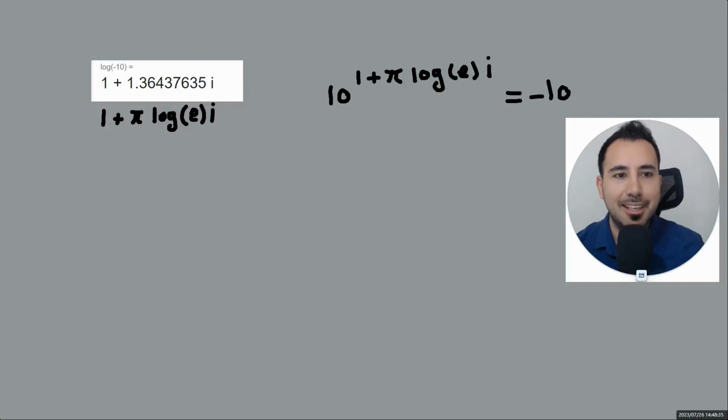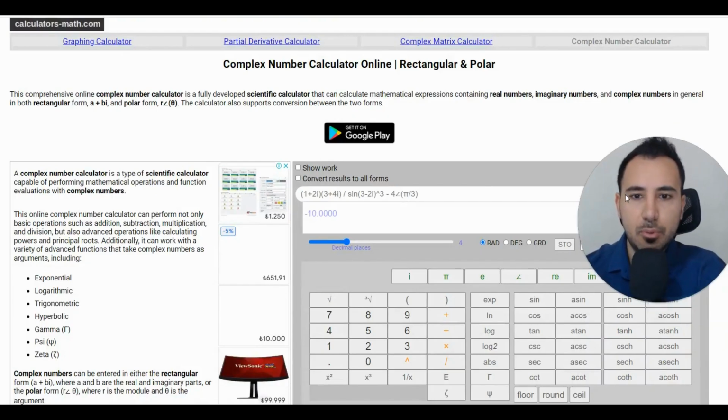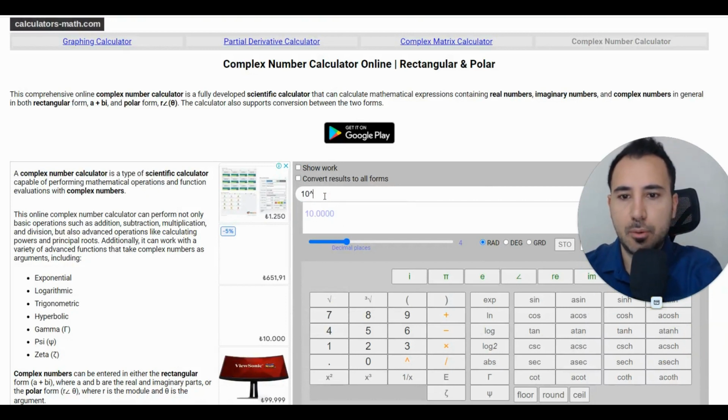Let's go and check this. Now let's just try this number on this calculator. I'm going to go right here, 10 to the power of, and paste the number. As you see, this is negative 10.